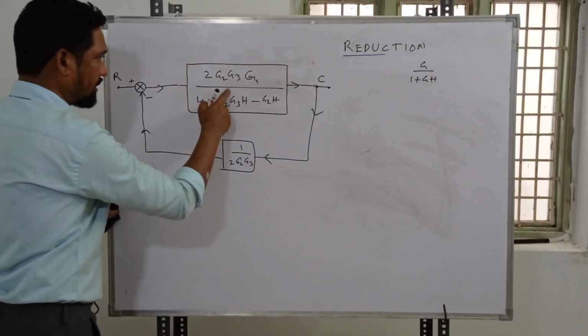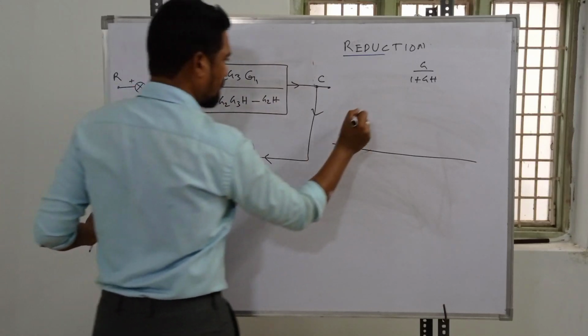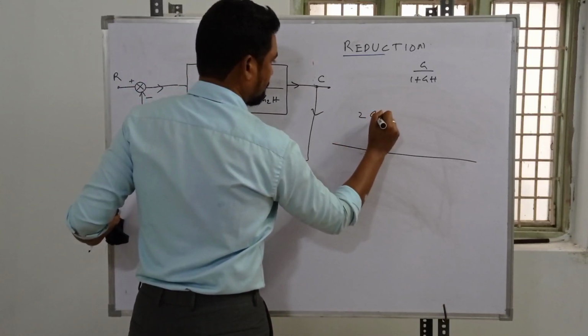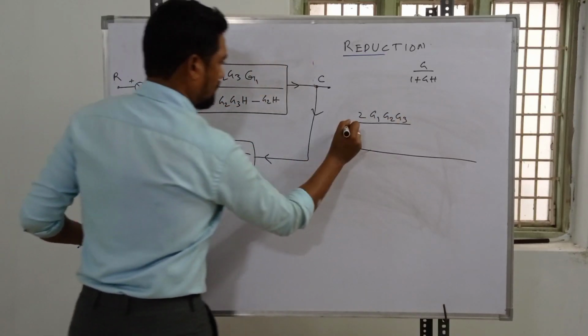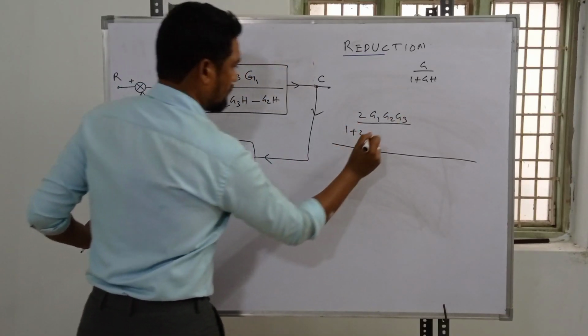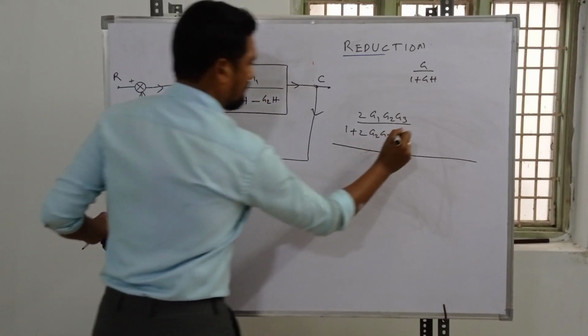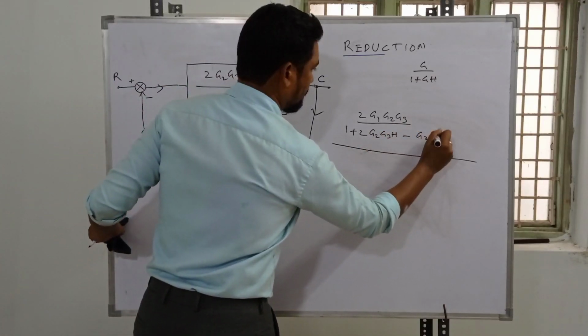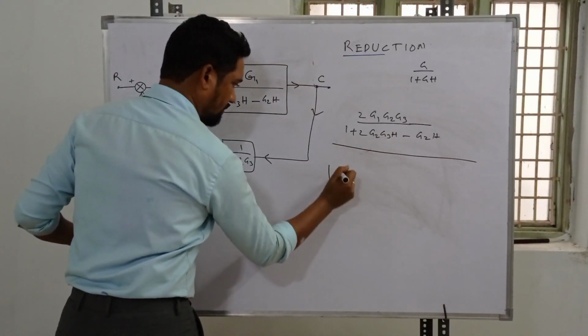Right, now this is entirely G by 1 plus GH. Here, G is 2 G1 G2 G3 by 1 plus 2 G2 G3 into H minus G2 into H. Okay, this 1 plus, why?